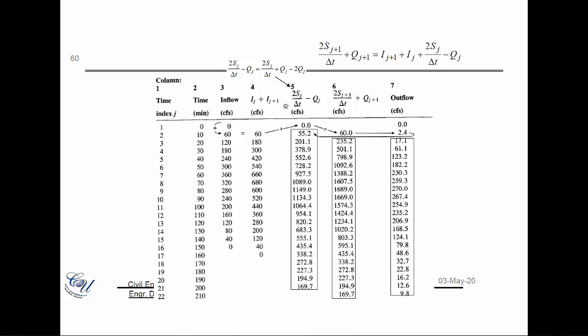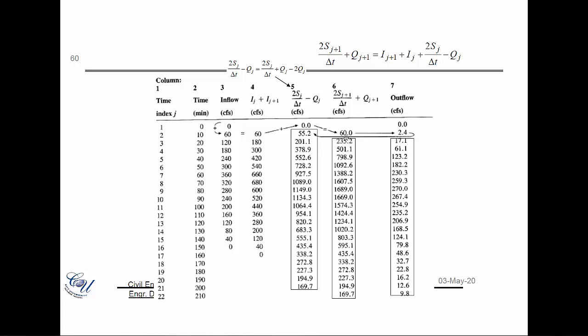So what I'll do is 2 multiplied by the outflow, so 2 multiplied by 2.4 will give me 4.8, and I'll deduct this 4.8 from this 2S by delta t value, which is this one.